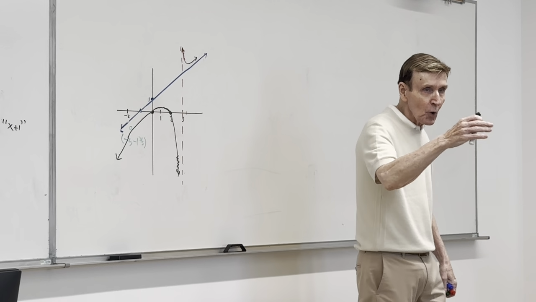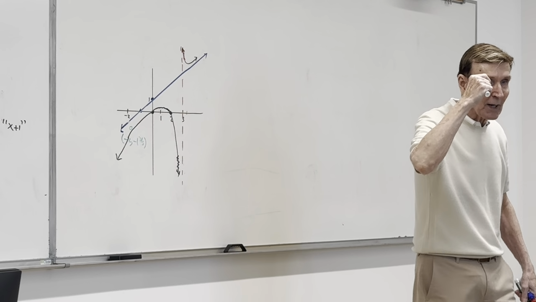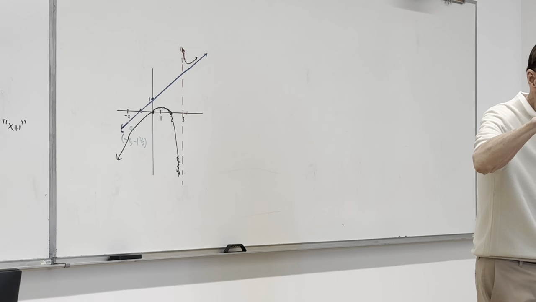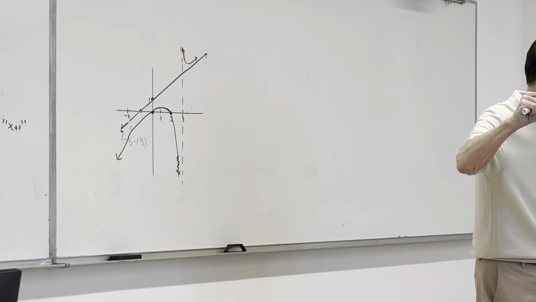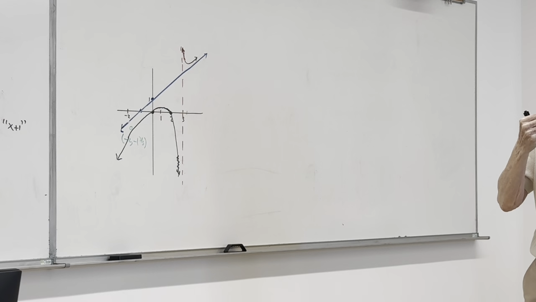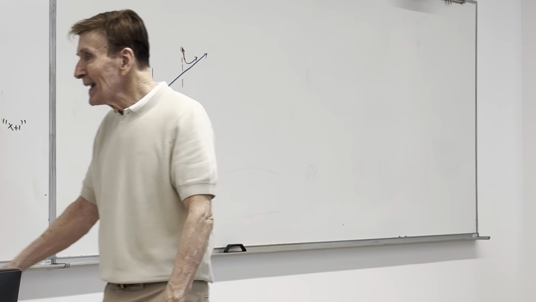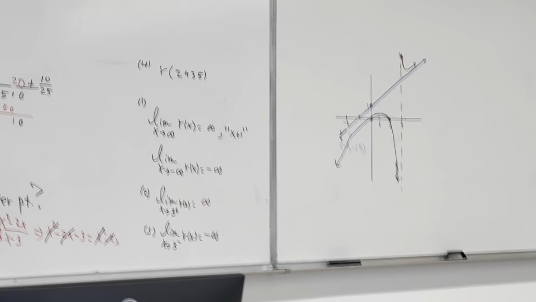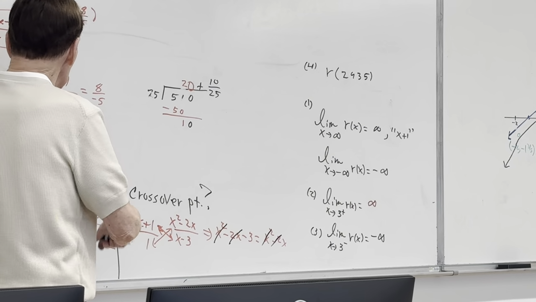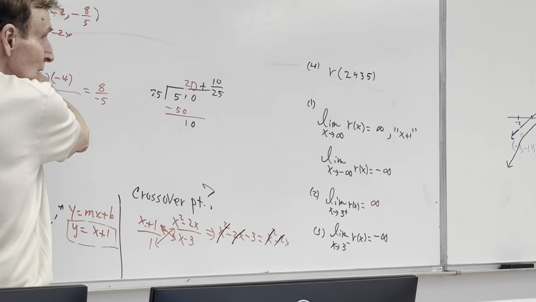Alexander just told me the further I go out there, the closer my graph gets to the blue. Would it be better to replace that 2,935 into this rather than the original?